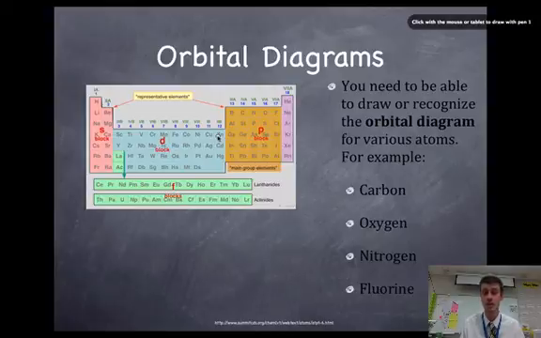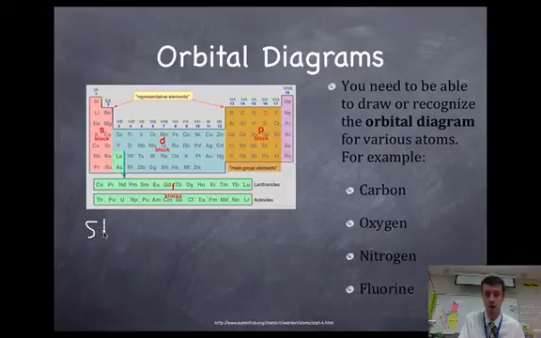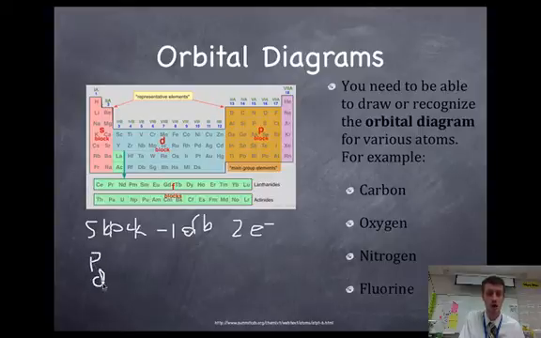You also need to remember that an S block has 1 orbital, so that means that it has 2 electrons. Likewise, you need to be able to do that for your other blocks: a P block, a D block, and an F block.